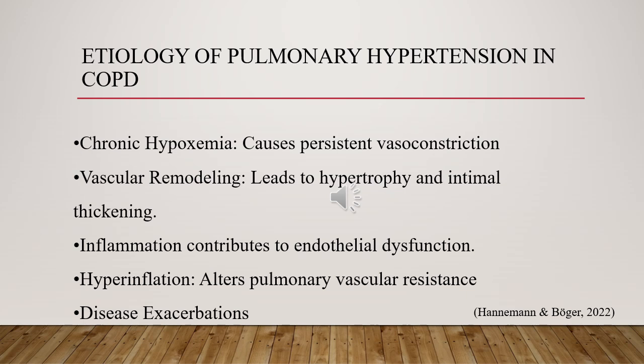Moreover, COPD exacerbations, characterized by sudden worsening of symptoms, can actually increase pulmonary artery pressure, accelerating disease progression. Together, these pathophysiological mechanisms explain why COPD patients often develop PH and highlight the need for a comprehensive treatment strategy that addresses both the pulmonary and cardiovascular aspects of the disease.